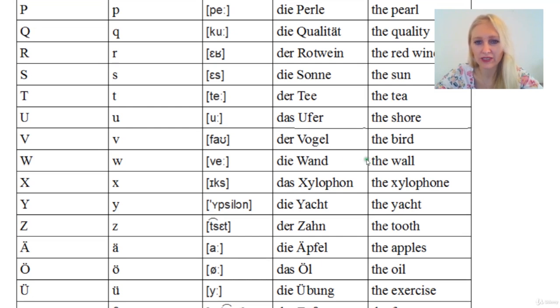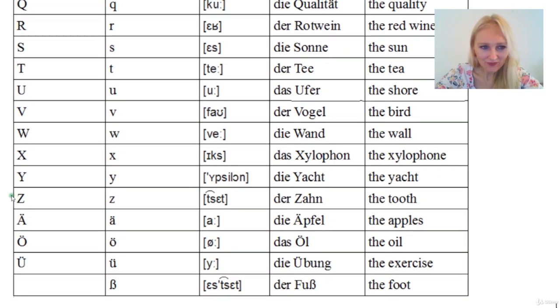We don't have this. We say Wand, okay, Wand. X, das Xylophon, das Xylophon. Y, okay, we call it Y, die Yacht, die Yacht. Z, now the German Z is very strong, okay, it's very important, okay, Z, der Zahn, der Zahn.